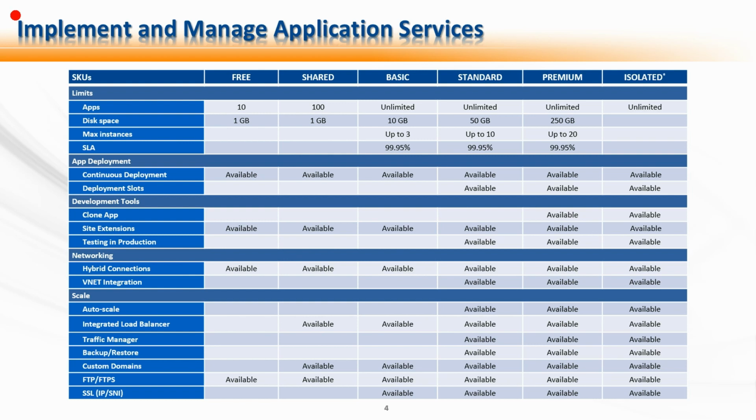Now, as per this table, we can have only 10 GB of disk space in the basic tier, whereas in the standard tier, we can have 50 GB of space. But if they are talking about more than 10 GB, it is obvious that we need to opt for the standard tier. So we need to learn this table by heart and remember it from the exam point of view.